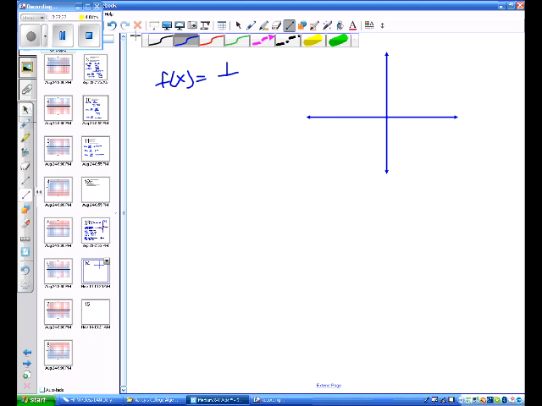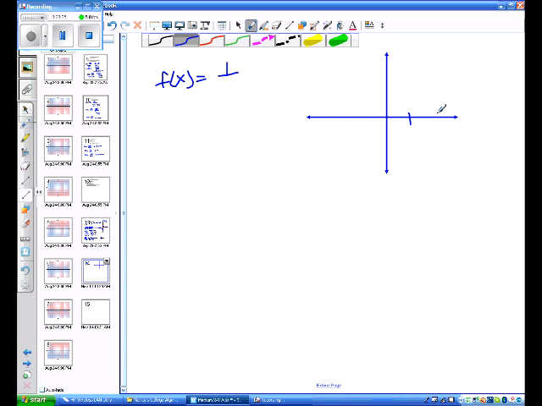So let's look at this as our graph. I didn't do it on a little coordinate plane because my points are going to be fairly small, and I wanted to have a little bigger grid. So we're going to look at the points.